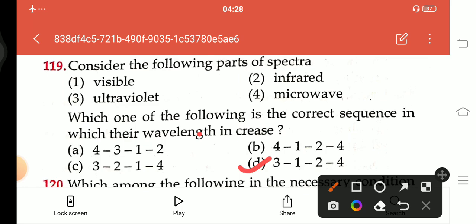Which one of the following is the correct sequence in which their wavelength is increased? At first, ultraviolet, next visible, next infrared, last microwave.